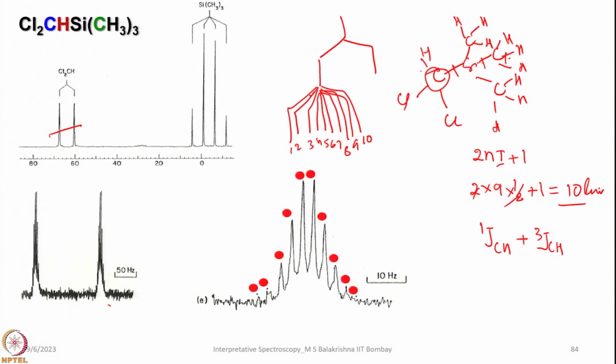You can see here 10 lines are here. So this is how you can understand the complex pattern appears, although it appears like a doublet. After expanding, you can see the fine splitting here showing both 1J as well as 3J coupling with hydrogen atom.